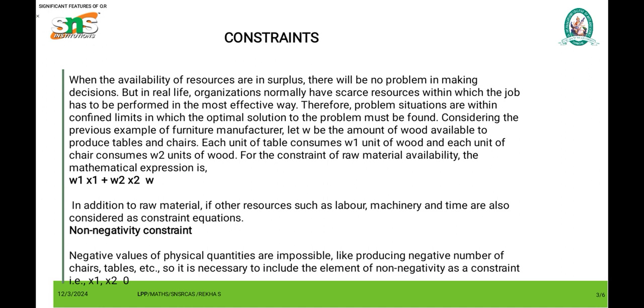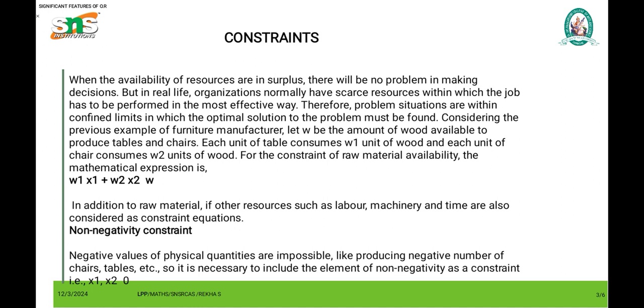If the availability of the resources is in surplus, there is no problem in choosing the decision variables. In the previous furniture problem, if W is the amount of wood available to produce tables and chairs, the expression of the constraint is W1 X1 plus W2 X2.